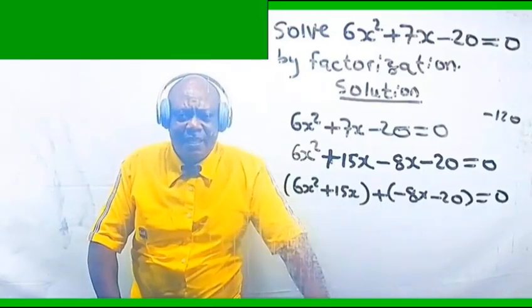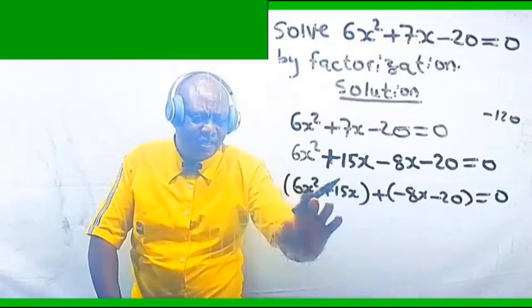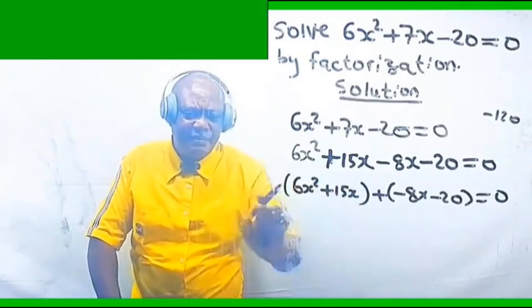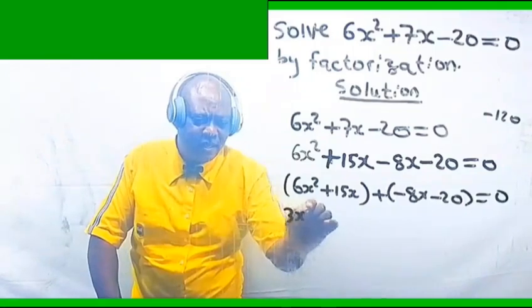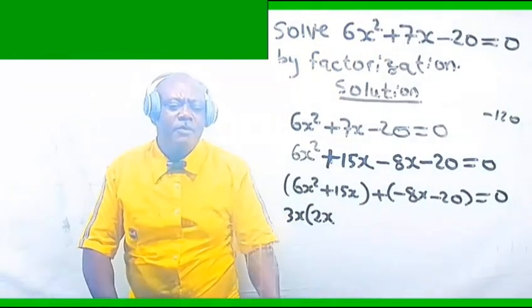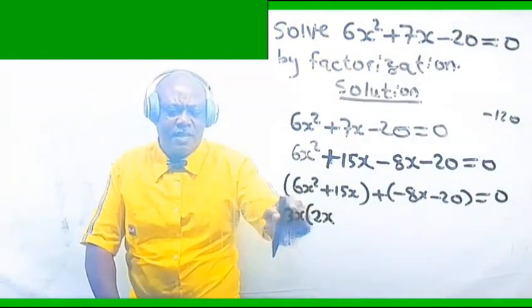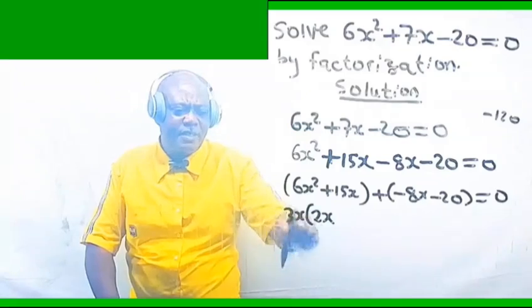So you take the brackets one by one. Take this one now. What is common here? 3 and x. So you have 3x outside, and 2x inside, because 3 times 2 is 6 and x times x is x squared.